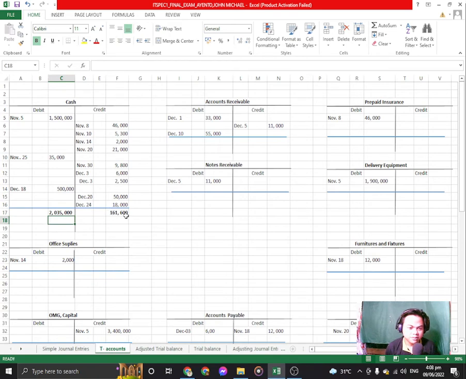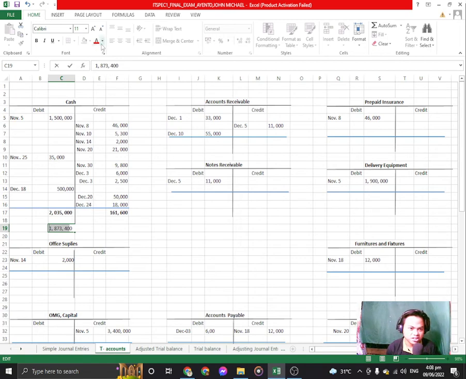Okay. So para makuha na ang jud balance, ato siyang i-subtract: 2,035,000 minus 161,600, a balance of 1,873,400. Okay, mao na ang final na amount sa cash.